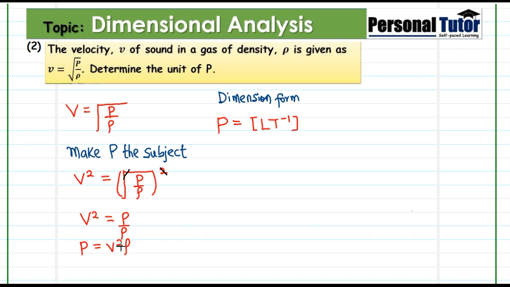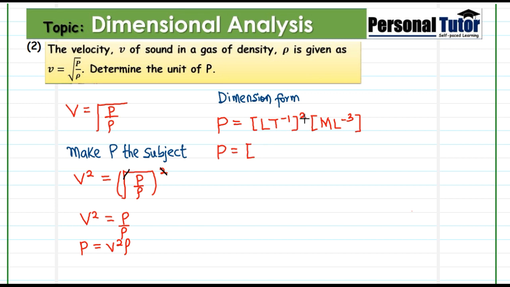And don't forget, it is squared. So the square follows. Then that of the density is the mass density. So that will be M L exponent minus 3. It carries no other power. So this is it. Let's then solve for the value of P in the dimensional form.